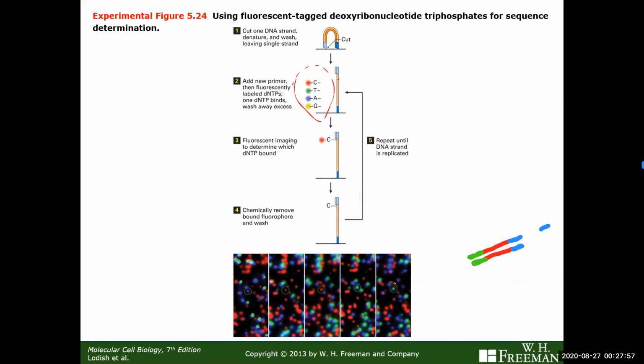After incorporation, you scan, image, chemically remove the fluorophore, then add another round of fluorescently labeled nucleotides, again scan, image, remove the fluorophore chemically, and the next round you can keep on doing, and for every frame you have an image.